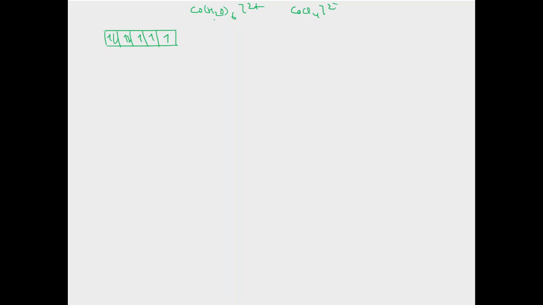Can anyone tell me whether water is a weak field ligand or strong field ligand? Weak field ligand. Yeah, so it's a weak field ligand. Also Cl is a weak field ligand only, right? So as in both the cases the ligand coordinated to this metal center is weak field, it is a high spin complex. Both the complexes are high spin complexes.